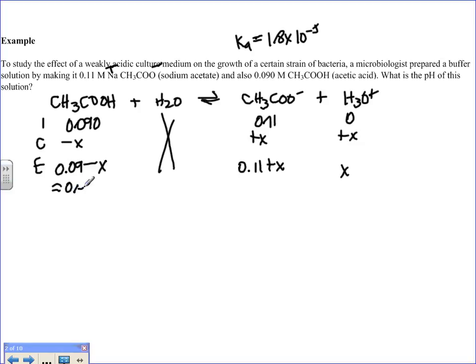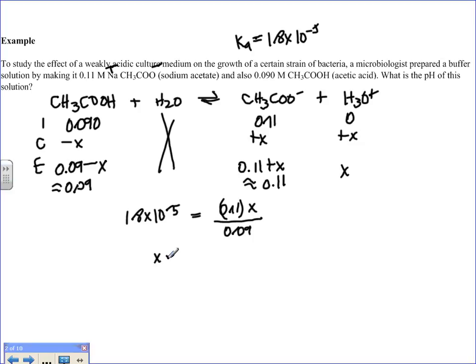So here, this is going to be approximately 0.09, and this is going to be approximately 0.11. When we sub into our Ka expression, we get 1.8 times 10 to the negative 5 is equal to 0.11 times X over 0.09.